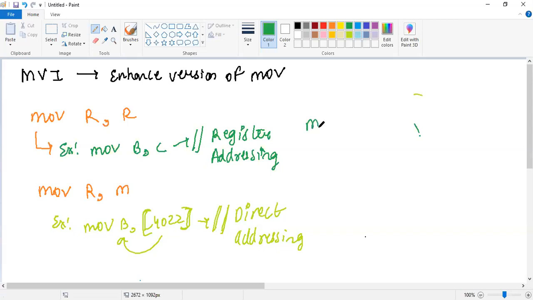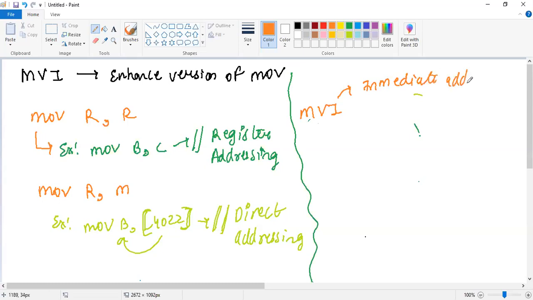Now an enhanced version of this is nothing but MVI. MVI is nothing but your immediate addressing mode. In this case, you are directly giving the data.